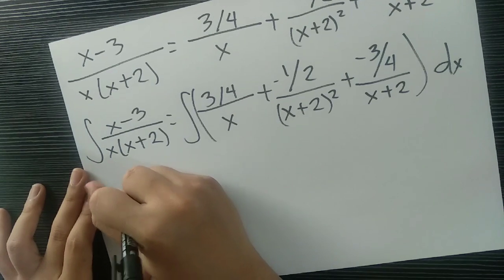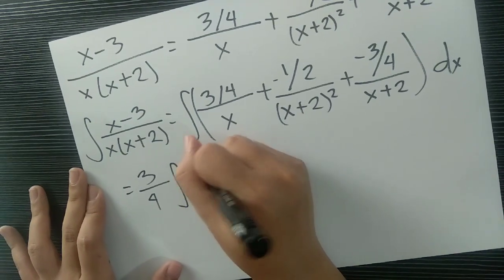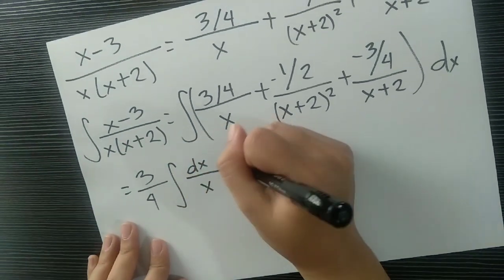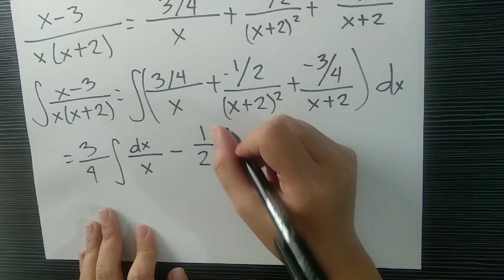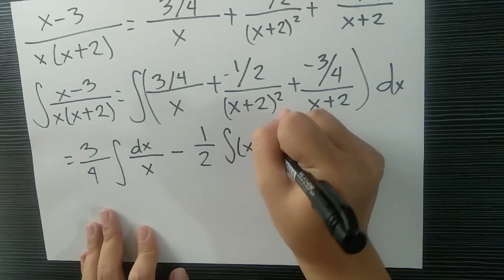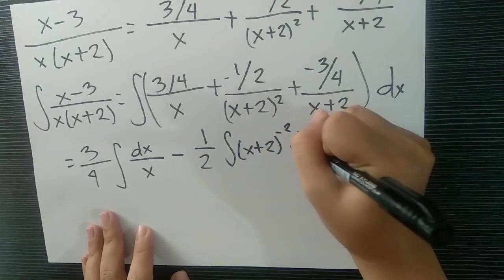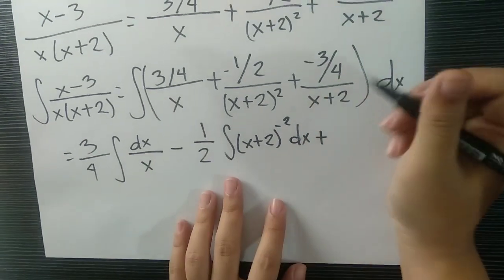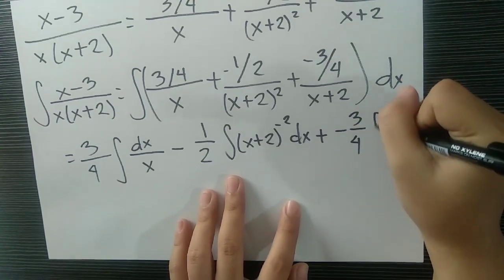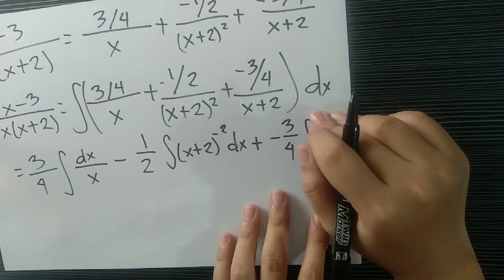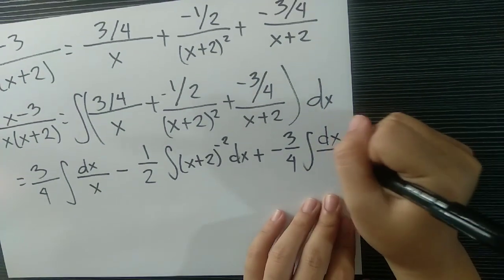We have 3/4 integral of dx over x, minus 1/2 integral of (x + 2) raised to negative 2 dx, plus negative 3/4 integral of dx over (x + 2).